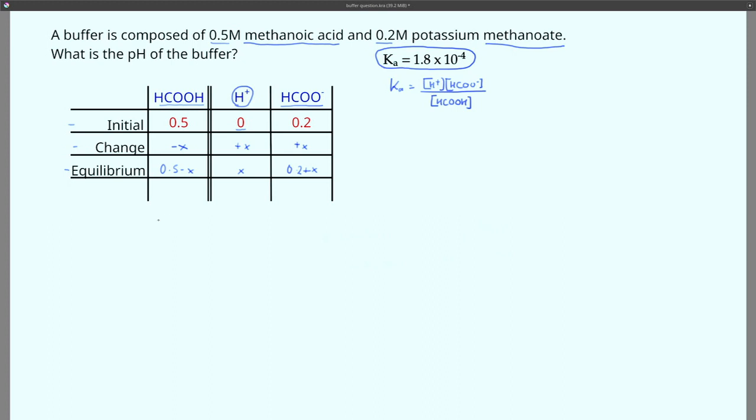Next, we actually substitute the numbers. So first of all, the Ka value, and that equals, well, this is X, multiplied by 0.2 plus X, all over 0.5 minus X. Make those a bit nicer.